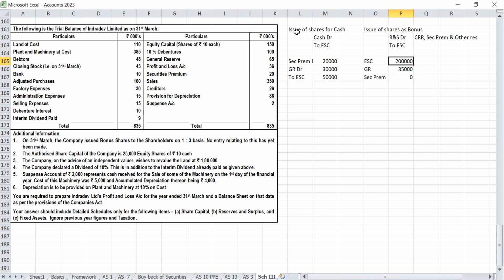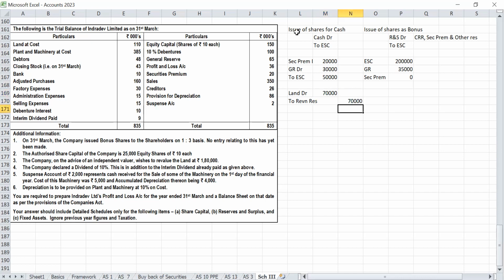Then the next point. The authorized share capital of the company is 25,000 equity shares of 10 each, so 2,50,000 will be the authorized share capital. First point: the company, on the advice of an independent valuer, wishes to revalue the land at 1,80,000. Land value is already 1,10,000, so how much do you have to increase? 70,000, sir.